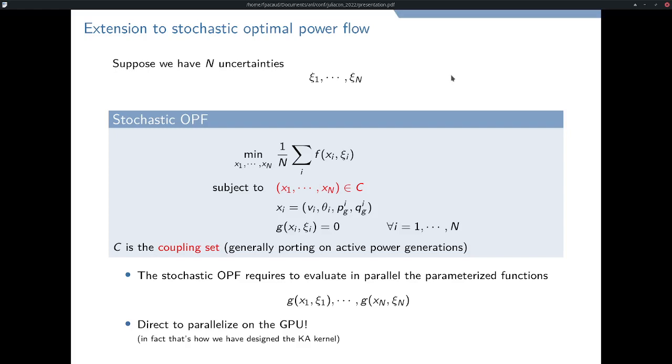So what happens next? GPUs are good for parallelization. So what happens if we extend the optimal power flow problem to the stochastic world, where we have n different uncertainties to tackle? In that case, we write the stochastic OPF in the following way. We want to minimize the sum of the objectives along the different scenarios, subject to some coupling constraints, and one power flow equation on each scenario.